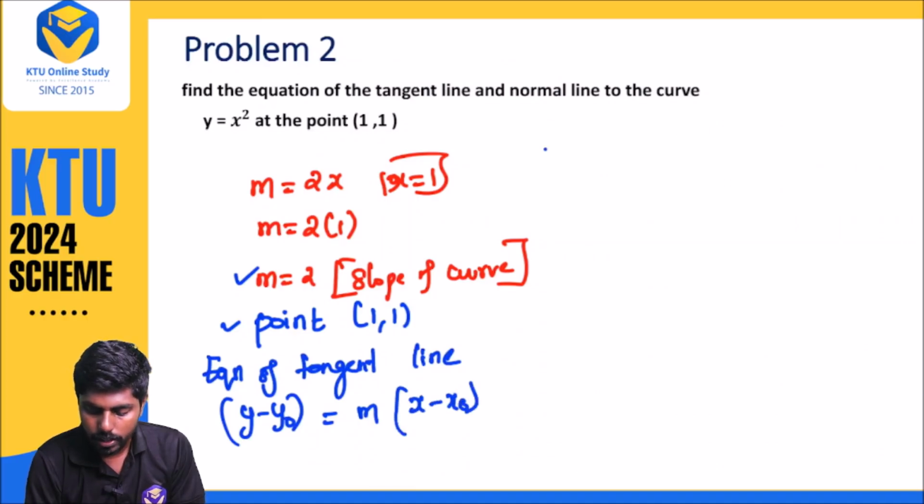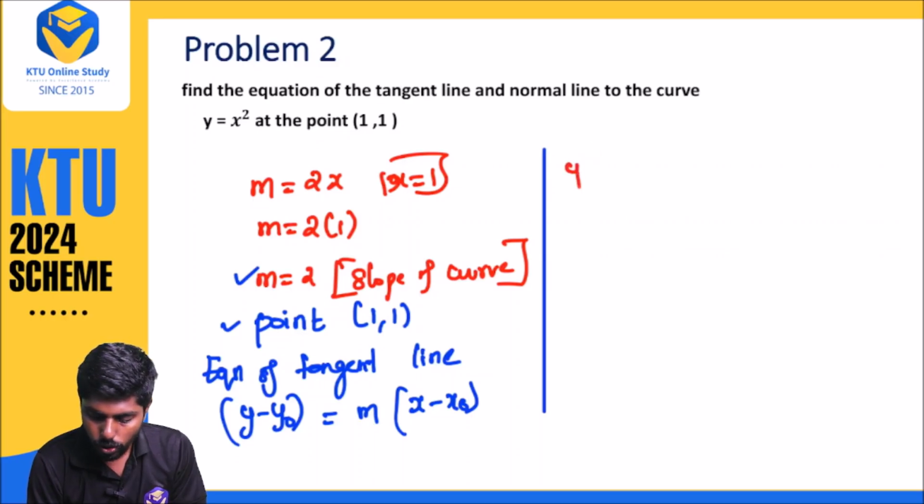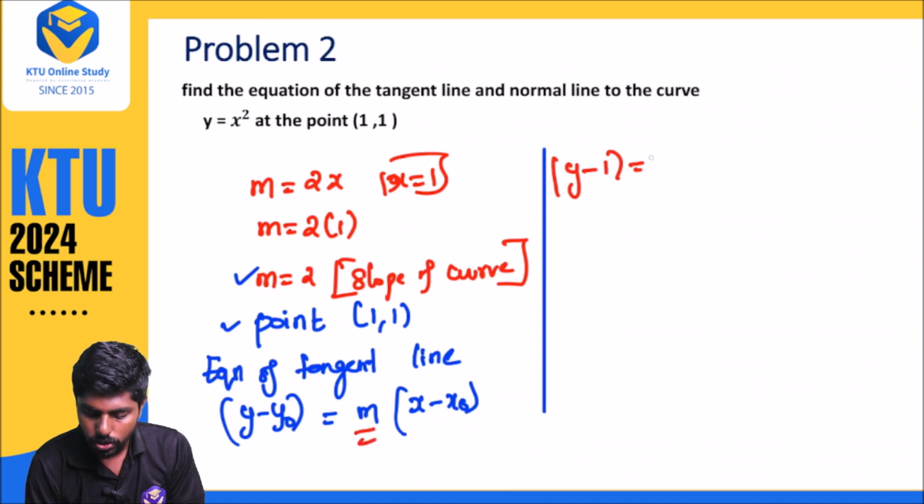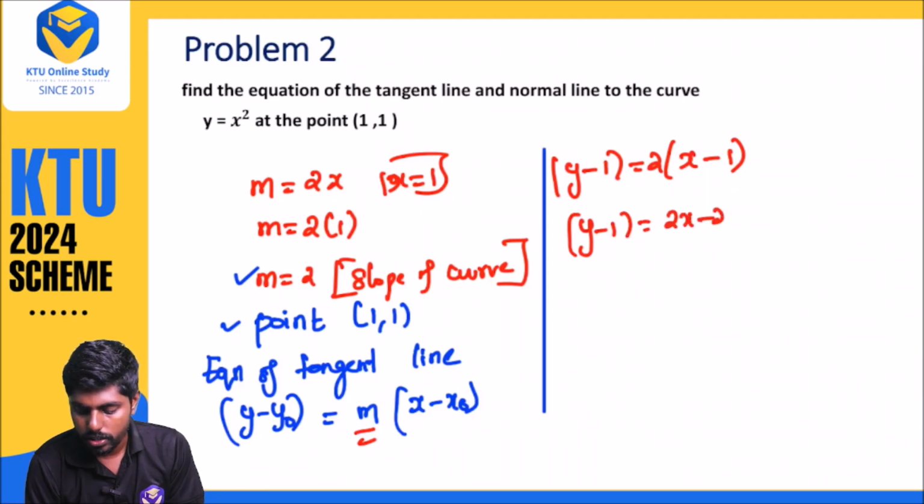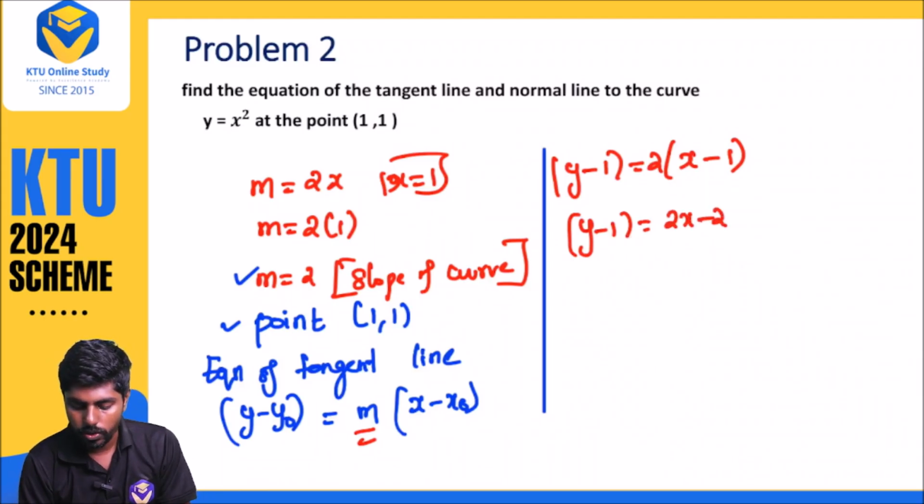So it will become y minus 1 is equal to 2 into bracket x minus 1. So your equation is y minus 1 is equal to 2x minus 2. This is your required answer.